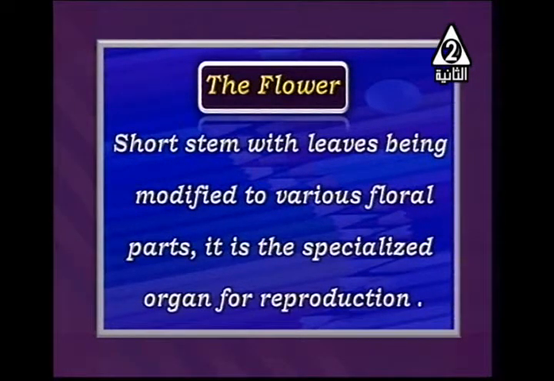The leaves surrounding this short stem are modified absolutely into the floral parts of the flower, as we're going to study the different floral parts. And what is the specific function that it will do? It's specialized for reproduction. Easy? Okay.